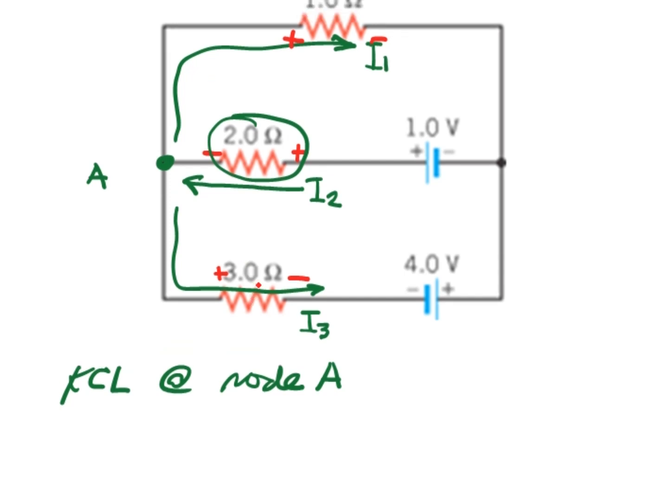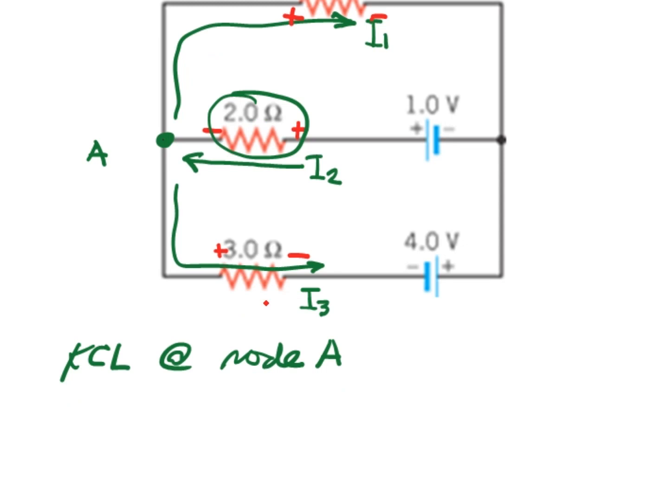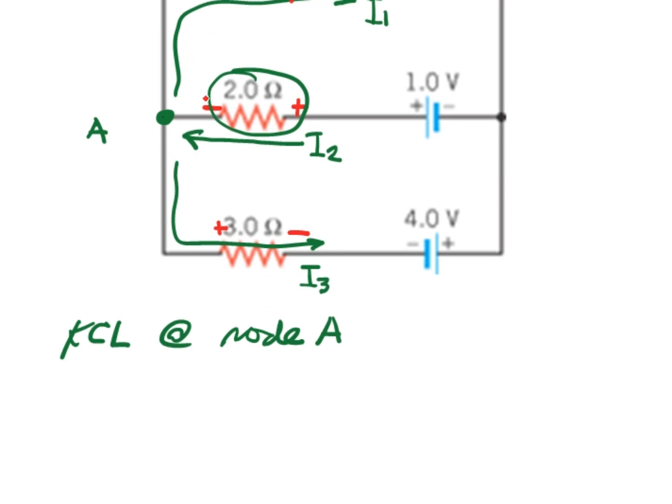Now, KCL at node A. According to Kirchoff's current law, current in is equal to current out, because this is current conservation. Whatever current enters must also be what leaves. So if we look at node A, current in is equal to current out.